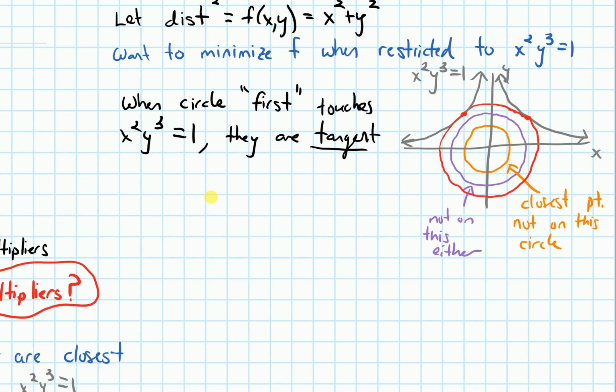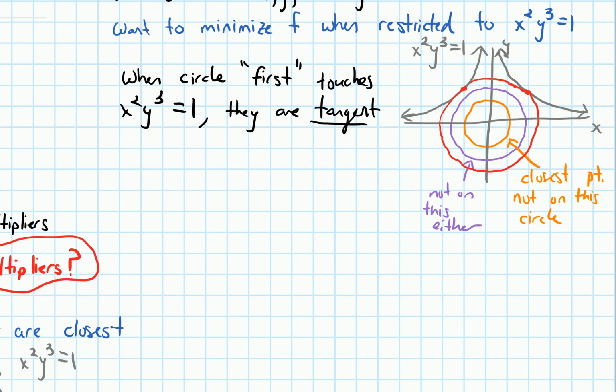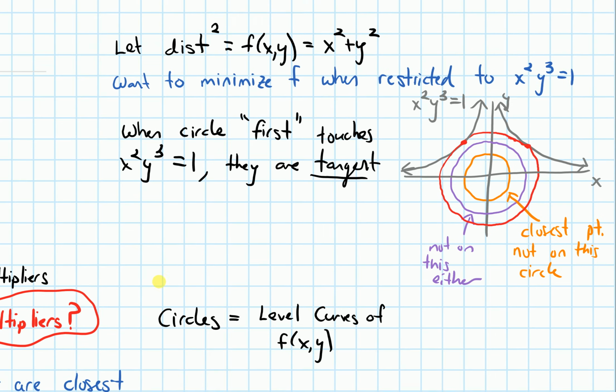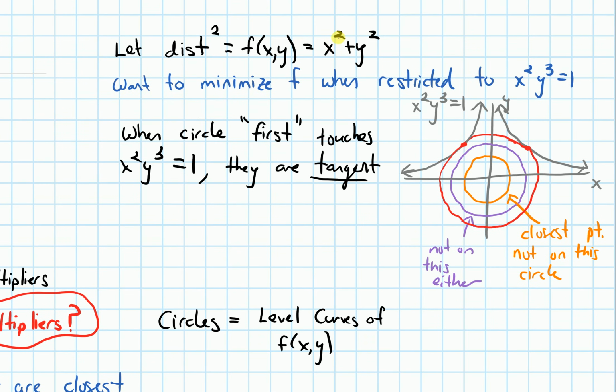Okay, so the idea that I'm going to use is, when we think about these circles, we can think of them as being level curves of the function f of x comma y. Because f of x comma y was x squared plus y squared.